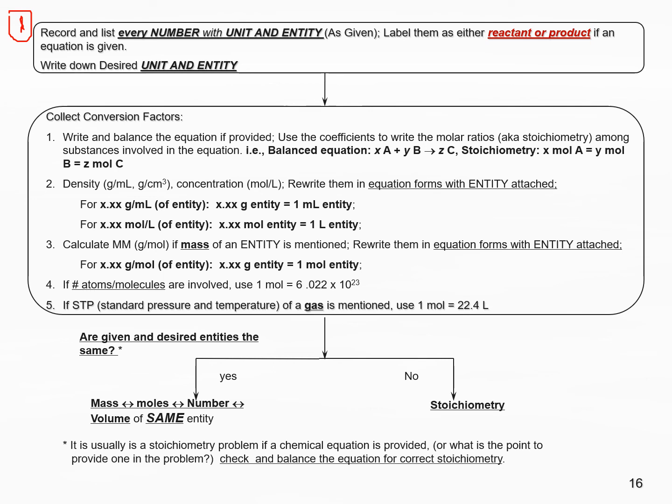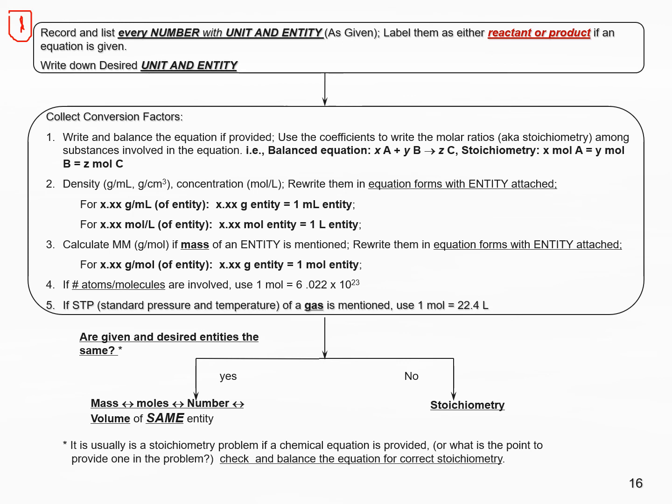If we have multiple reactants with known amounts, that is a limiting reactant problem on top of stoichiometry. And we have 5 ways to collect conversion factors. Here I give you the detailed information, such as density or concentration, and I give you the format for writing them into the equation form of a conversion factor.